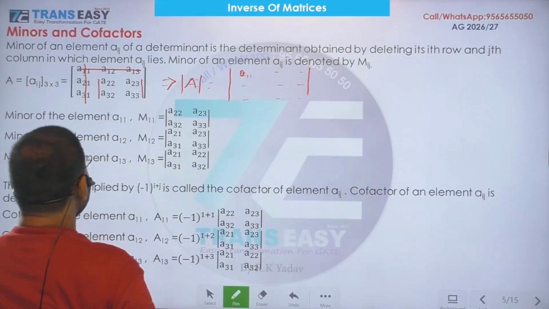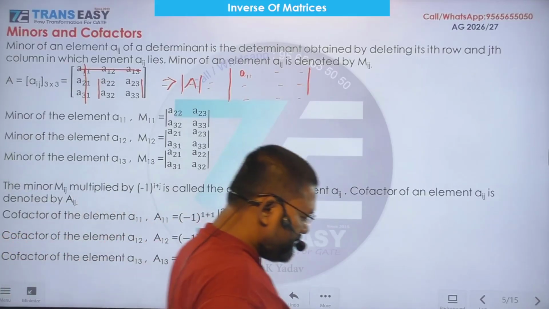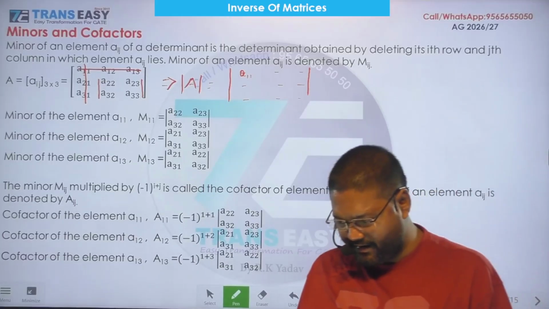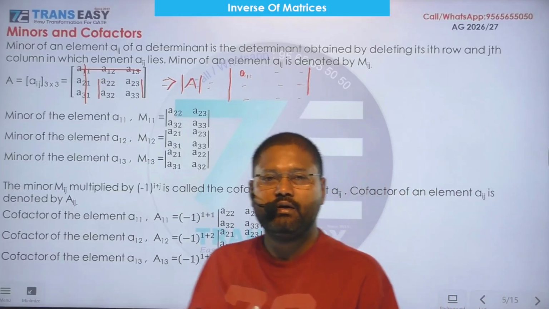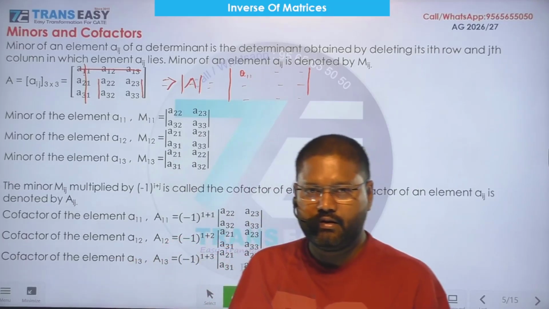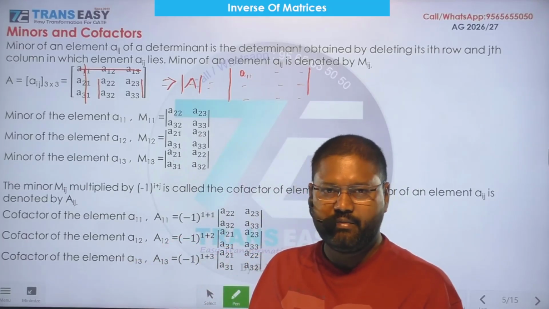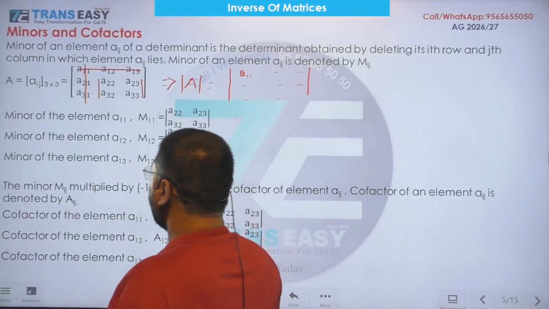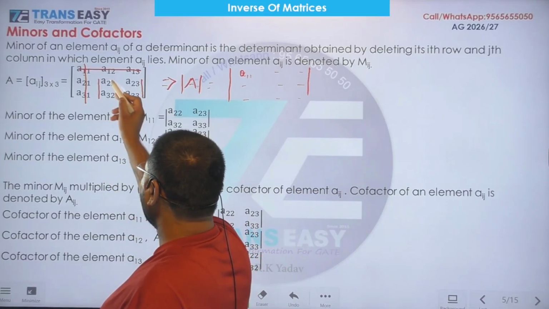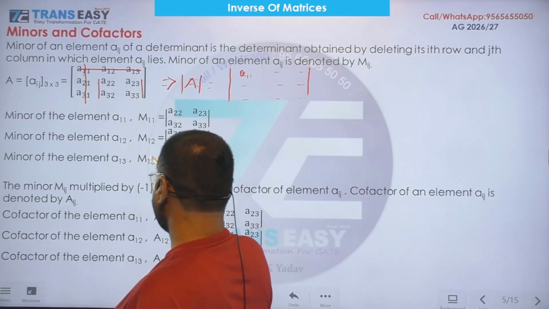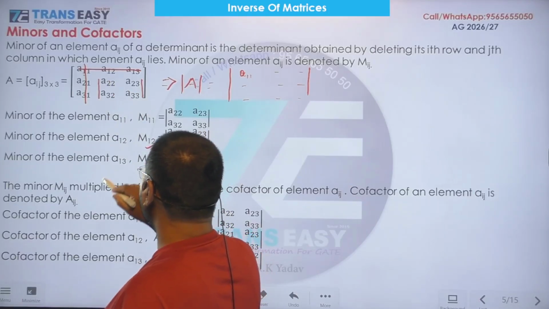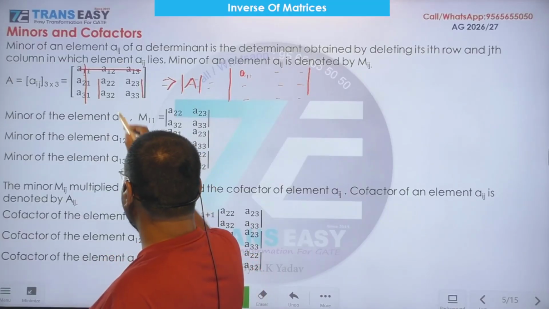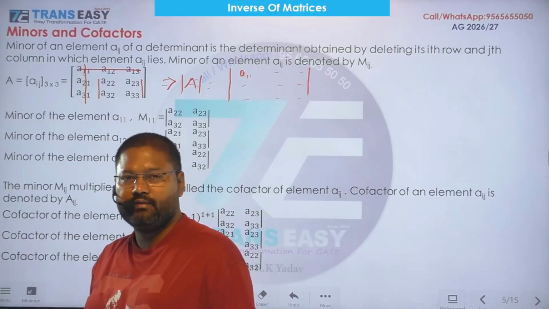So a minor is the determinant obtained by leaving elements lying on the lines passing through that element for which we are calculating the minor. The minor of the element A12 is represented by M12, and it is obtained by leaving the row and column passing through that element.